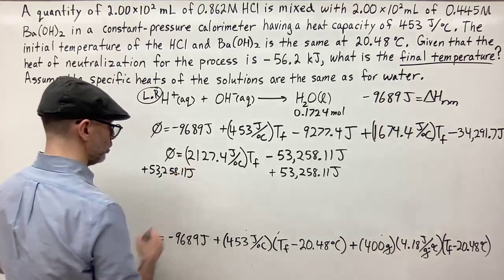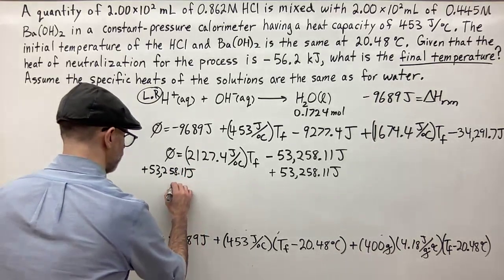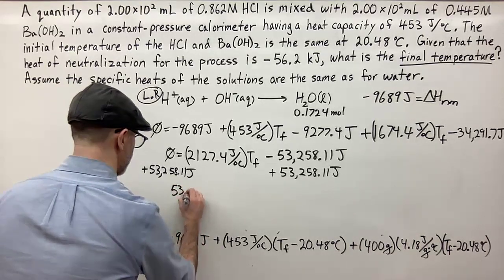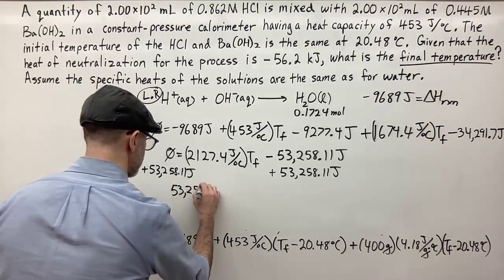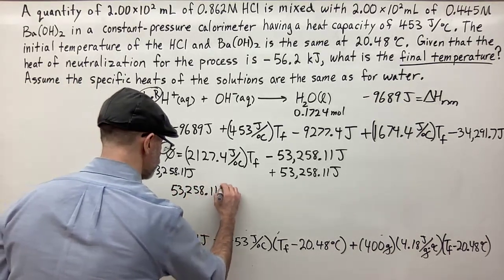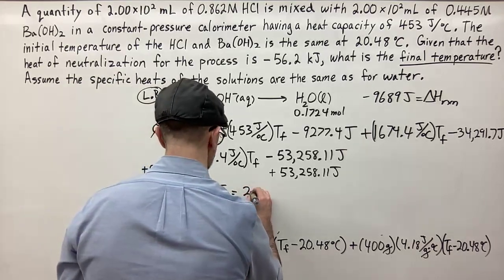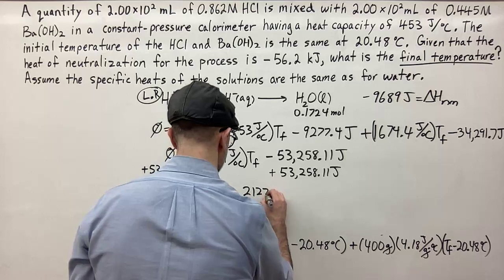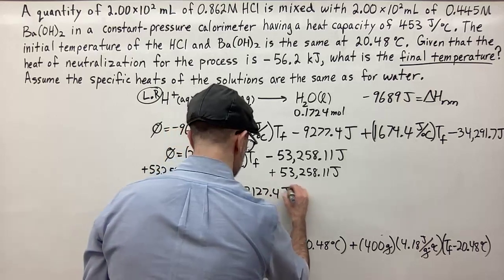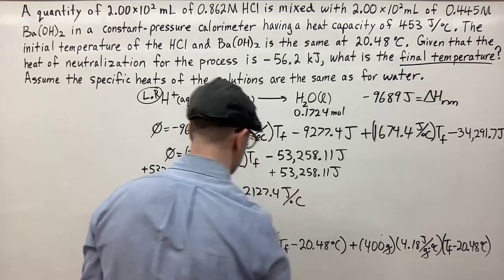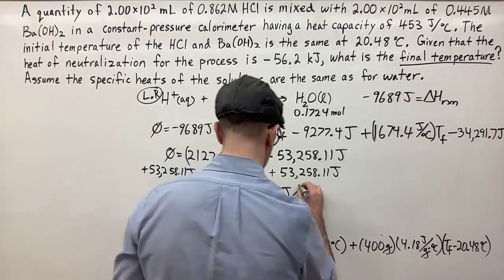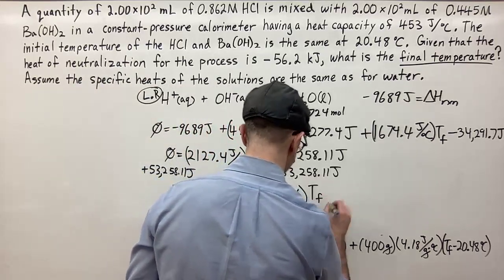Now I'm going to end up with 53,258.11 joules is equal to 2,127.4 joules per degree Celsius multiplied by TF.